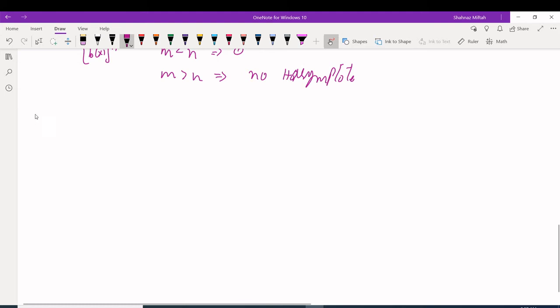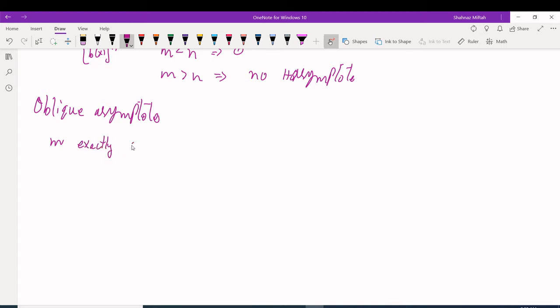Then we have the oblique asymptote. Oblique asymptote means it is not parallel to the x-axis or y-axis. It's going to be oblique. It means the exponent m is exactly 1 greater than n.